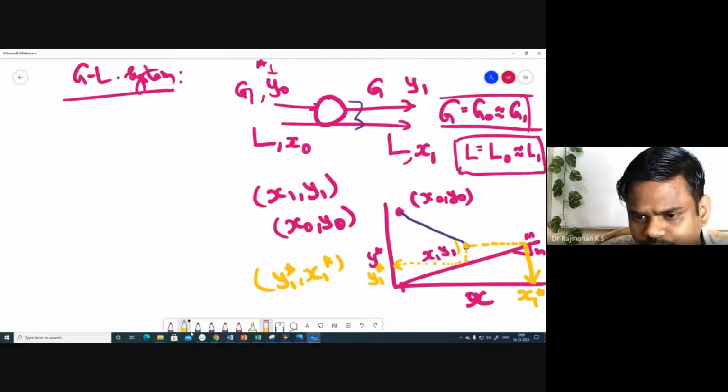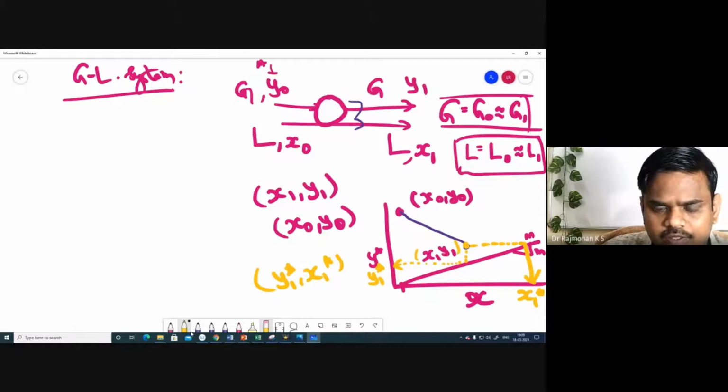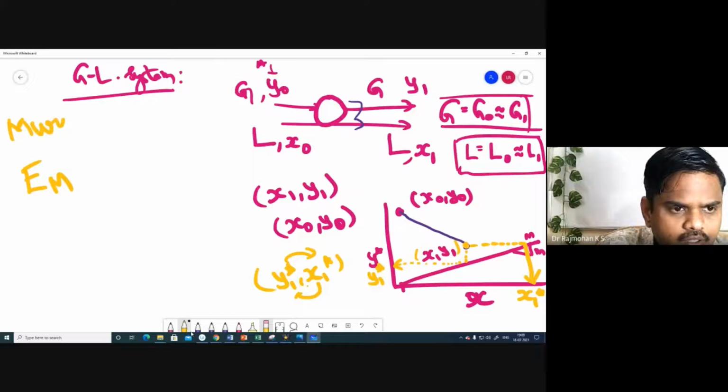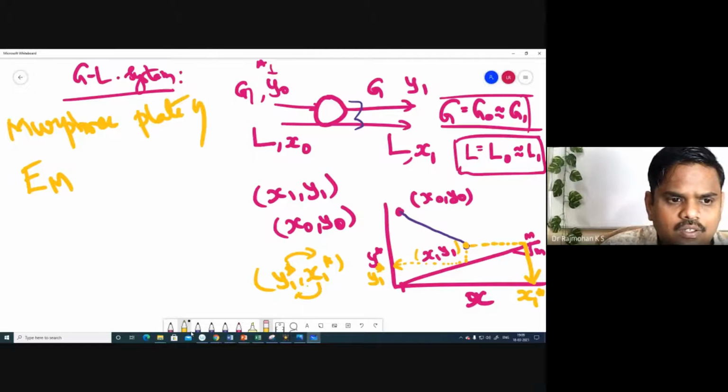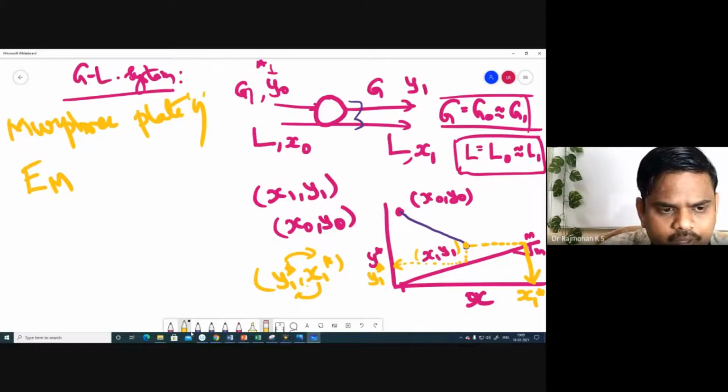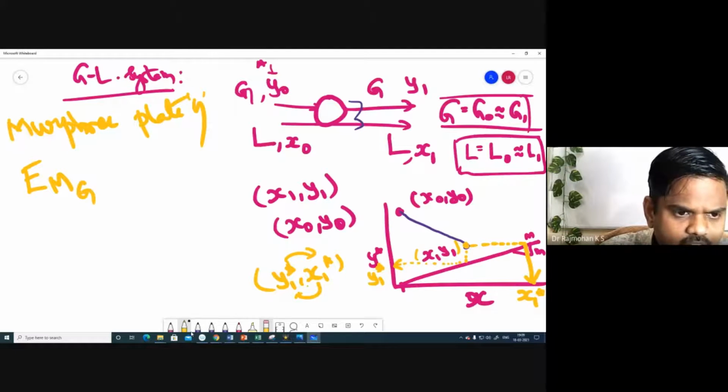So with this x1 y1, x naught y naught, y1 star, x1 star, you should be able to define what is Murphree plate efficiency. E for efficiency, M for Murphree. Usually we put this symbol, right? Murphree plate efficiency can be written for both gas phase and liquid phase. If I write EMG, it is Murphree plate efficiency for gas phase.